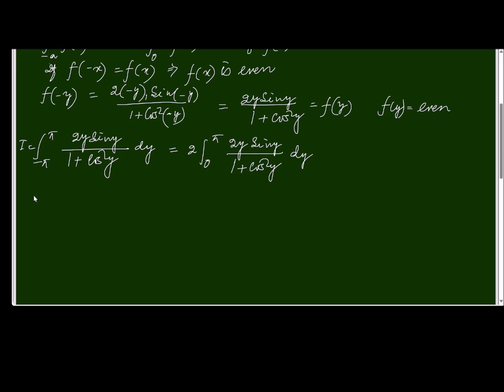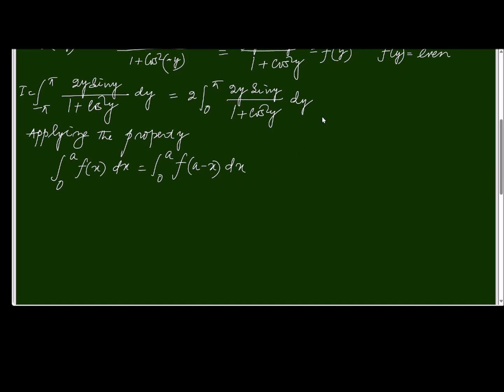Next, we will apply another property. This is a very common property: the integral from 0 to a of f of x dx is the same as the integral from 0 to a of f of a minus x dx.